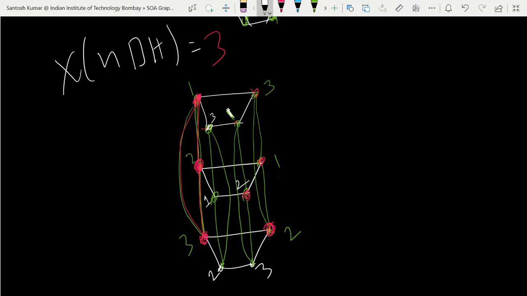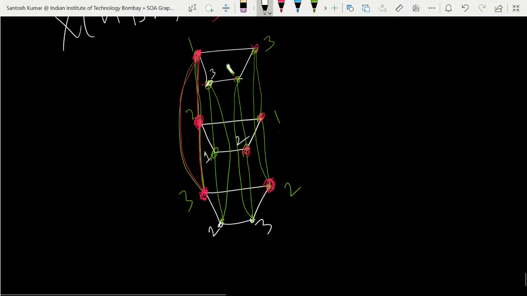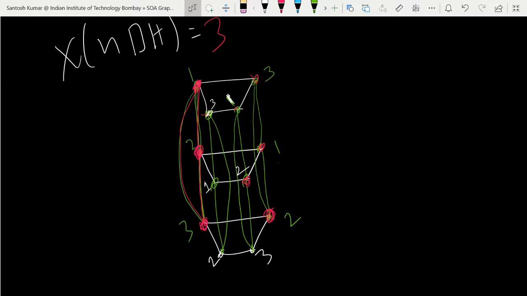This is fine or not? What do you see? Anything wrong in it? No, sir. This is fine, okay? So the chromatic number is going to be 3, obviously.